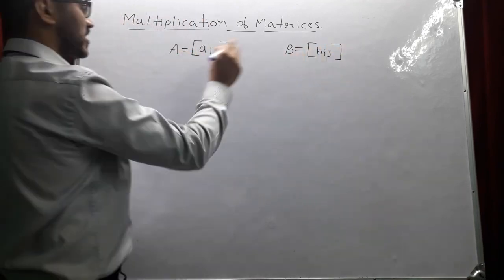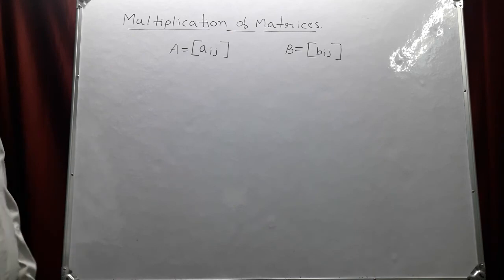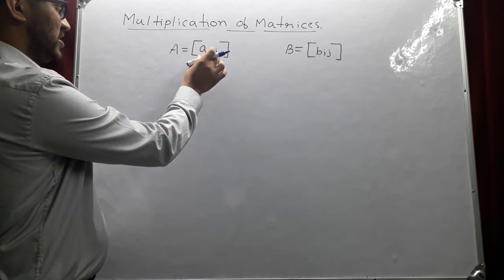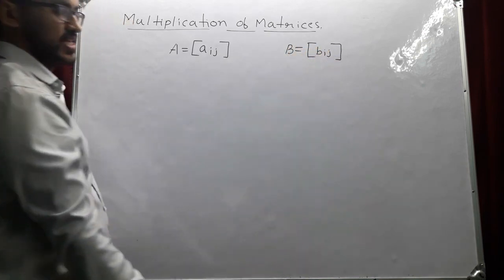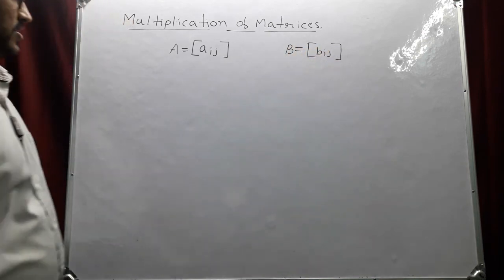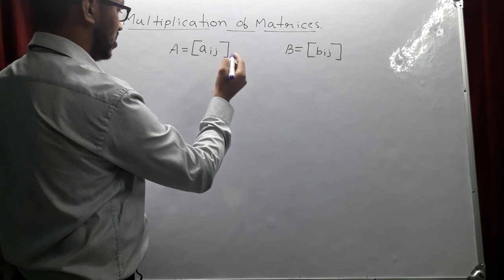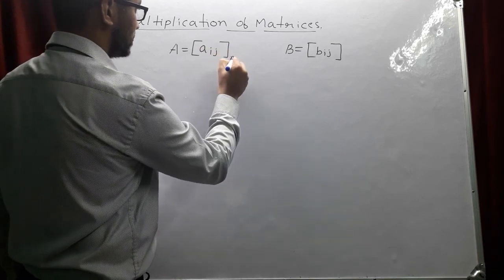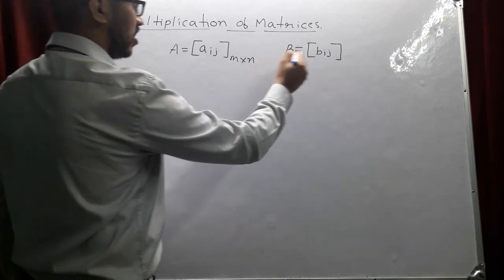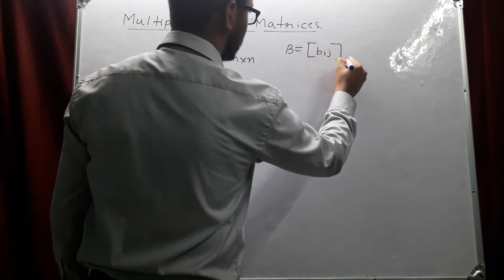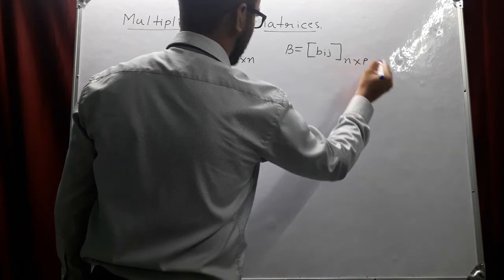Then the product AB is possible if the number of columns in the first matrix is equal to the number of rows in the second matrix. So I will consider the order of matrix A as m by n and the order of matrix B as n by p.